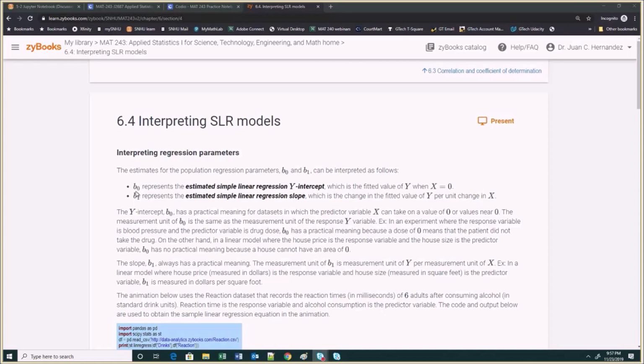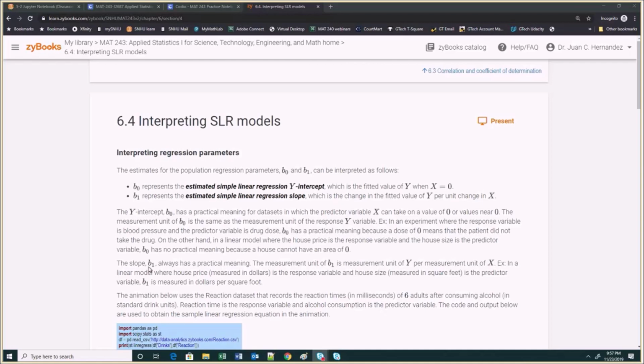The value of B0 in that case does not make practical sense because a house cannot have an area of 0 and also have some price. And so although you will get a value for your beta 0 estimate, that value will not have a practical meaning. In other cases, there may be a practical meaning for that value, so just be careful when you do your interpretation for beta 0.